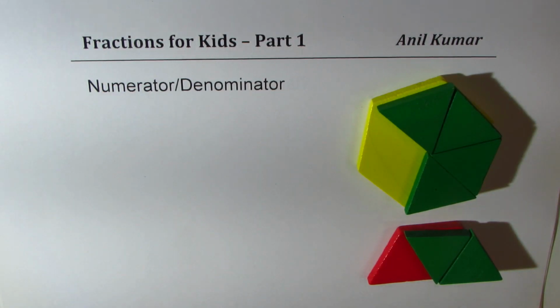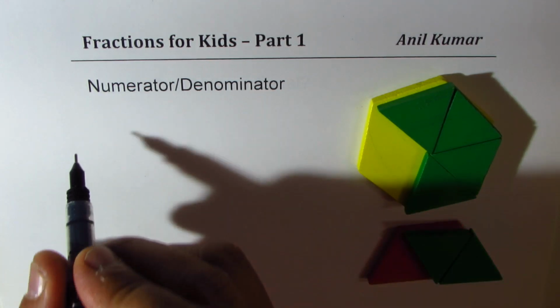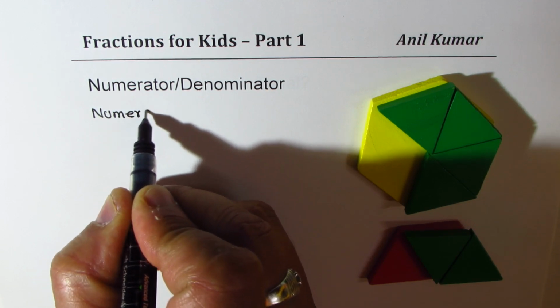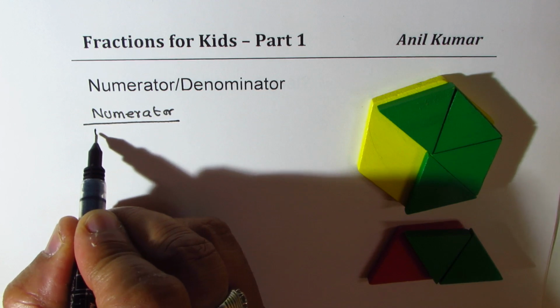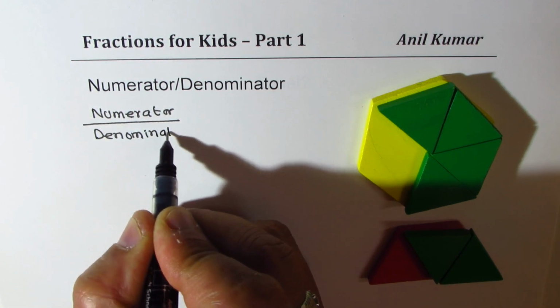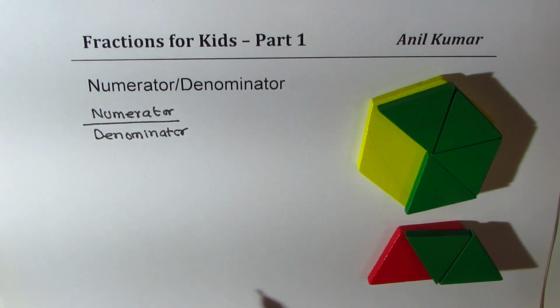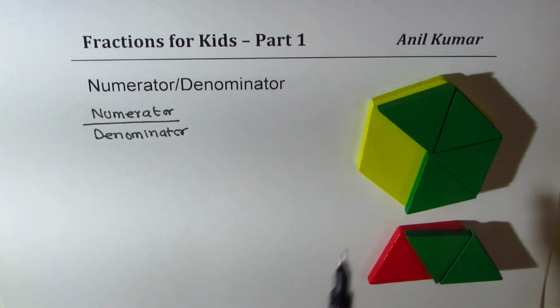Now let us again look into numerator and denominator. When we write fractions, we write a number on the top which is called the numerator, correct? And the number at the bottom is called the denominator. Now in this case, we have a hexagon. If I divide the hexagon into 6 equal parts, then what comes in the denominator is the number 6, right?